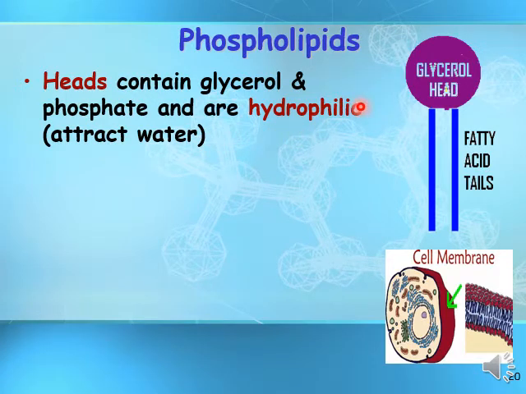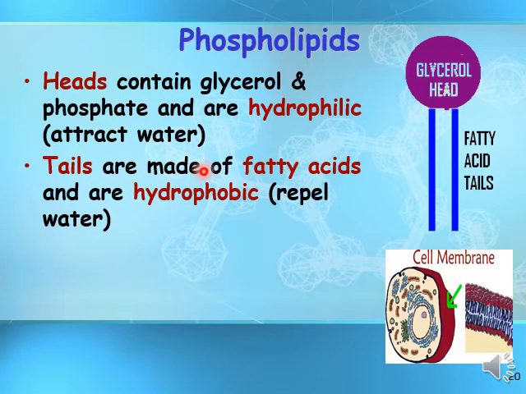Instead of hydrophilic, we can say polar. This is a polar head that attracts water. Water is polar, and this is a polar head. Likes attract likes, so water can be attracted to the glycerol head.